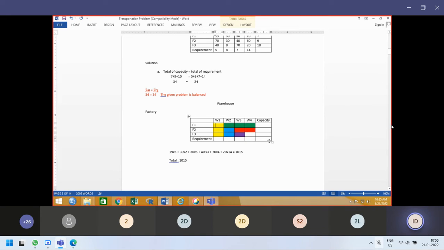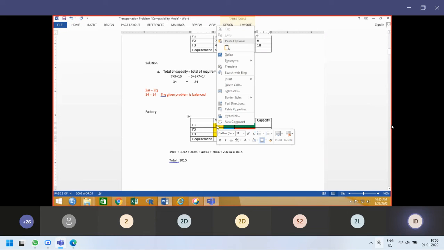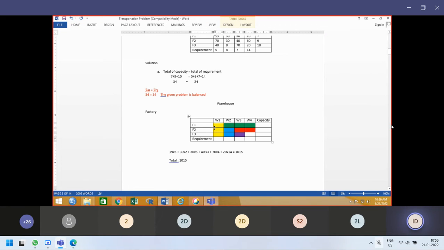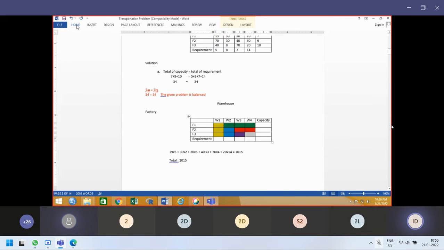Draw the blank table like me. Come on, fast. Done, sir.